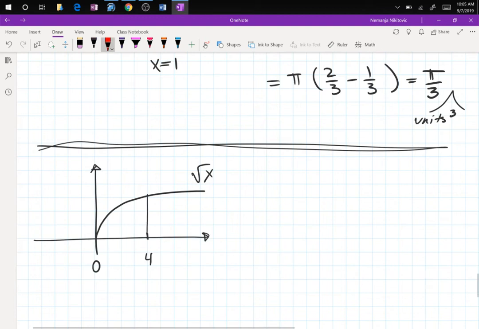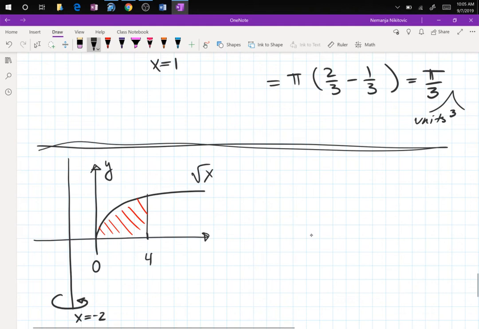So this is our area that we are considering rotating around the line right here, and this line is now x equals -2. So now the trick is to shift the function 2 units to the right.